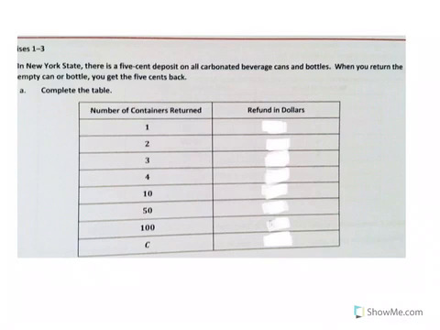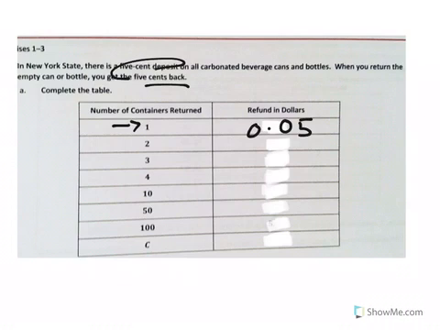So if you return one can and it's a 5-cent deposit, you get 5 cents back, then you're going to get $0.05 back, right? That's 5 cents. That's 5/100ths of a dollar. So one container gets you 0.05.